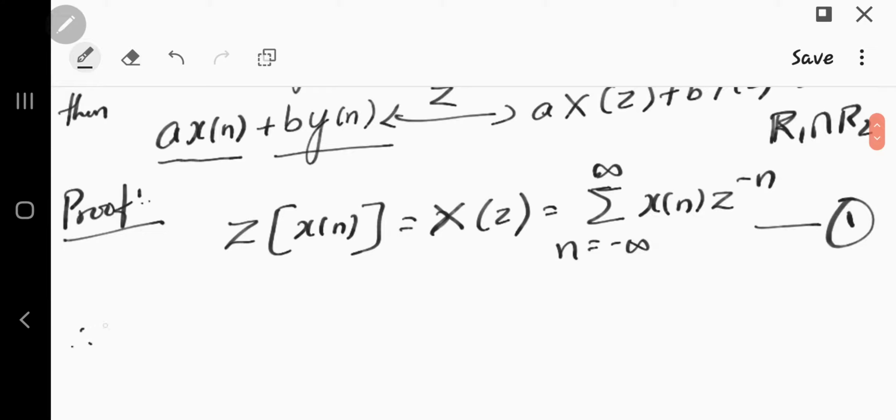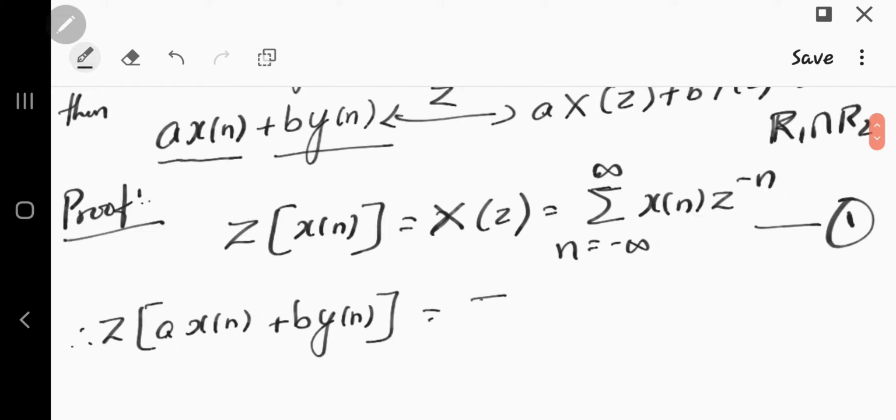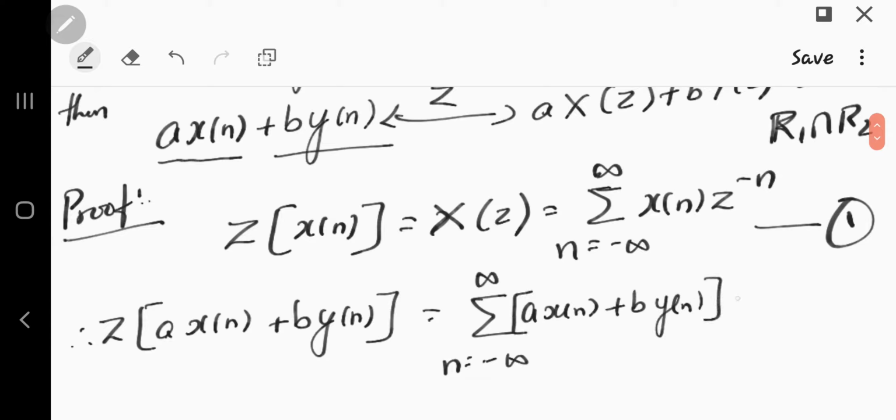In the same way, Z transform of a x of n plus b y of n is equal to summation n equals minus infinity to plus infinity of a x of n plus b y of n, times z to the power of minus n.